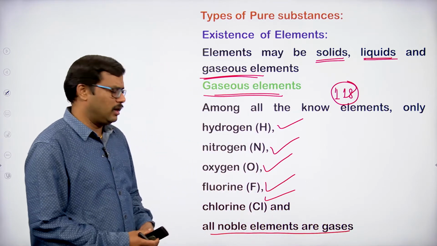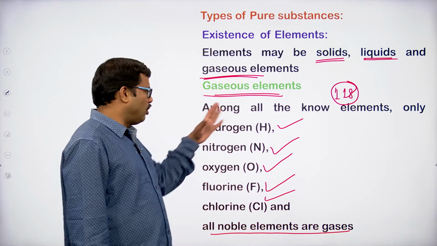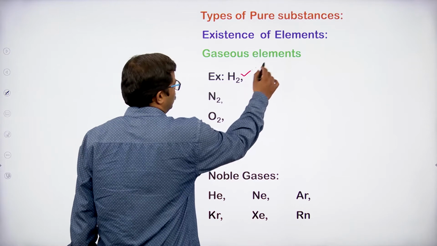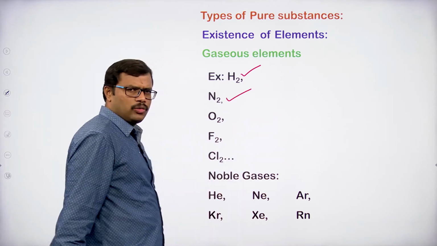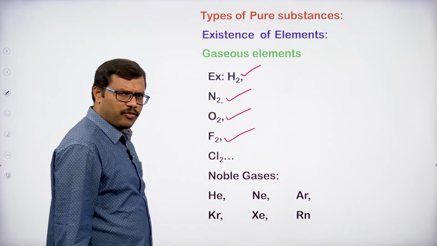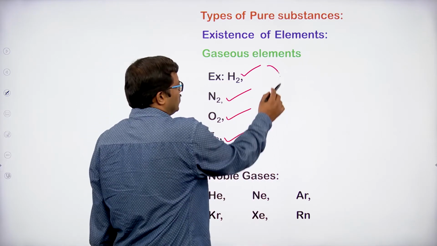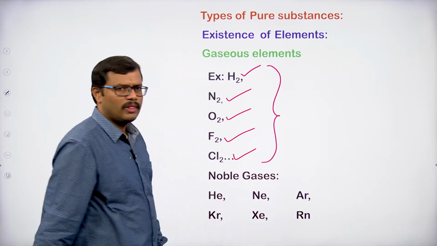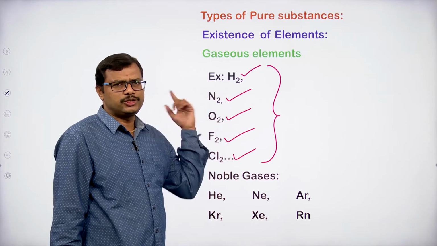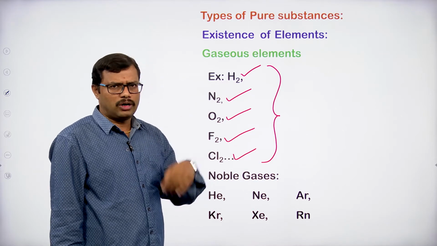How do they exist in nature? We have already seen that hydrogen exists as H2, nitrogen as N2, oxygen as O2, fluorine as F2, and chlorine as Cl2. In the case of hydrogen, H2, how many atoms are there? We have 2 atoms, so it is a diatomic molecule.